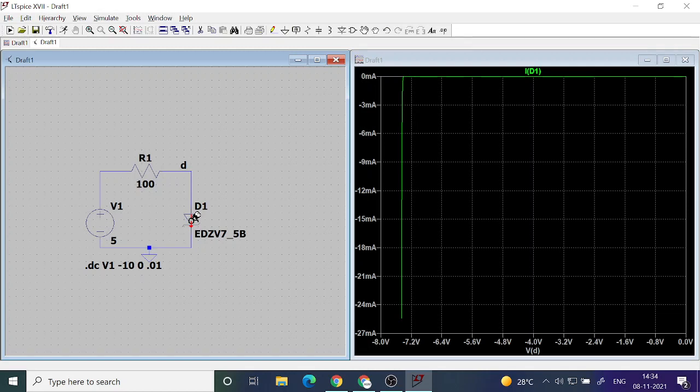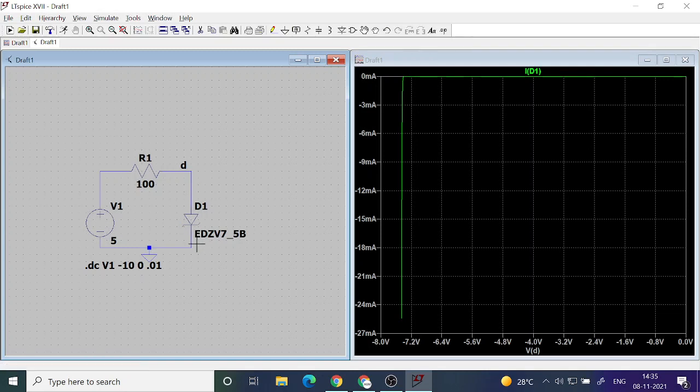Now if you see here, the scale is not really going up to -10 as before. It is just stopping at somewhere around 7.5. The reason is that the current suddenly rises up in milliamperes, and because of which there is a lot of voltage drop across the resistor, and only the remaining potential comes across this diode.